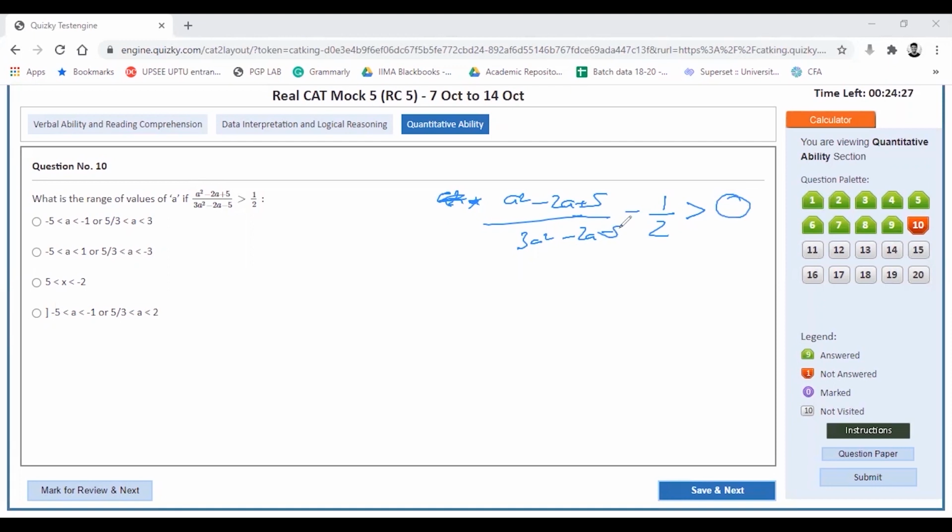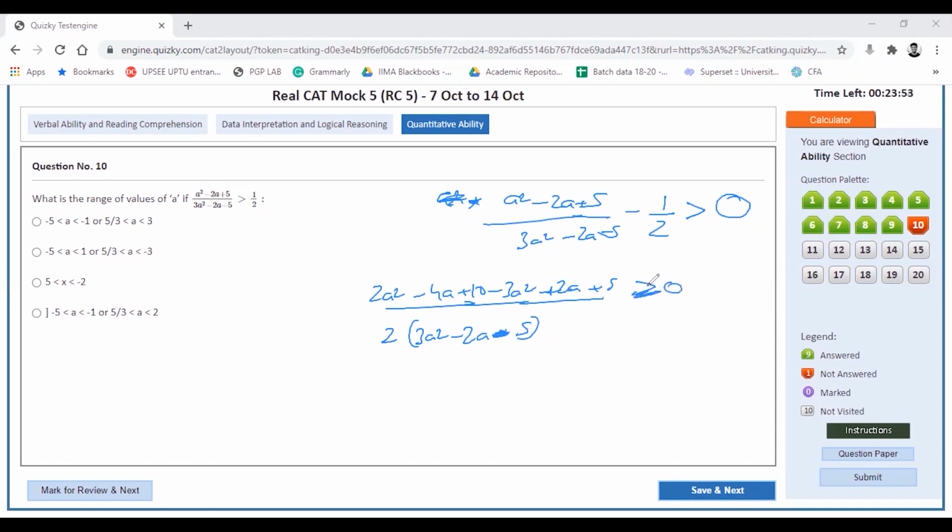We are aware that if the denominator is negative, then that reverses the sign of equality. Anyways, so let me make the LCM. 2 times 3a square minus 2a, this is minus 5. 2a square minus 4a plus 10 minus 3a square plus 2a plus 5. This is strictly greater than 0.